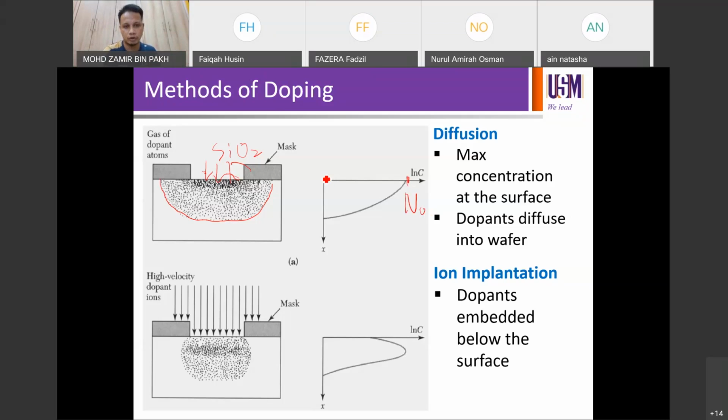So X0 is the surface of your silicon. Then you're going to increase your X into the depth of the silicon. If you plot the concentration, it's going to look something like that on the right. Kalau you pakai ion implantation on the other hand, you're going to bombard the ions at high velocity, well targeted, you're going to end up with something like this.